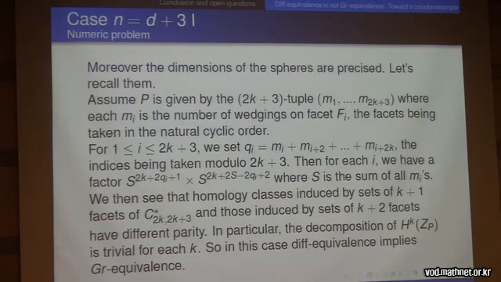In some sense, the Betti numbers are given by these numbers. Given these numbers, it's very easy to show that we can recover the Mi. And something that I haven't said is that the Mi determine uniquely the polytope.